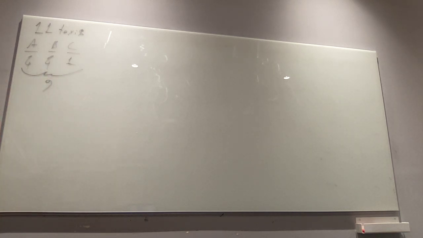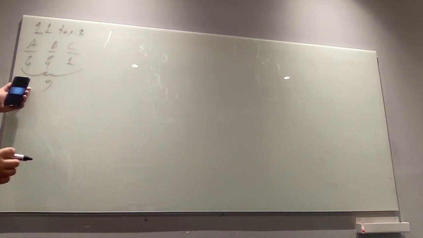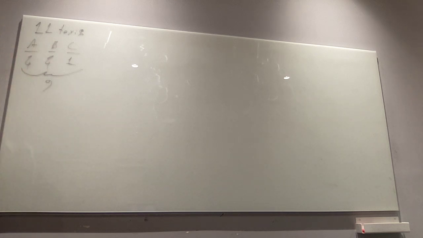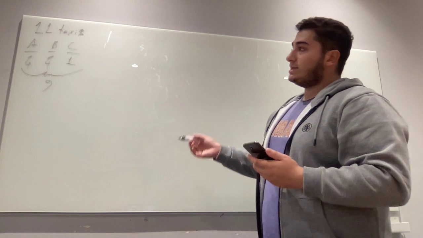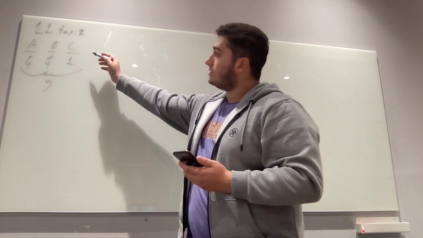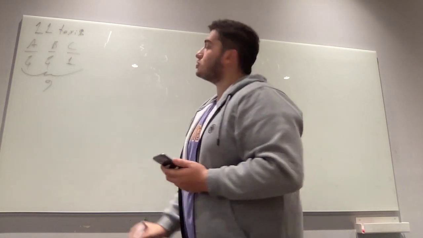Like I've explained already in the last video, but I will mention briefly again. I need to choose firstly 9 taxis from 11, because I need to choose which taxis will go to the airports.